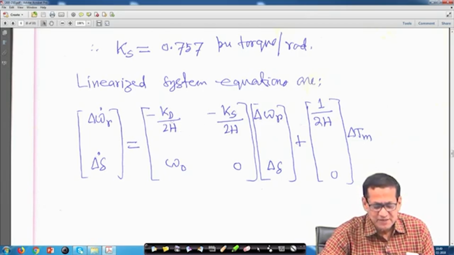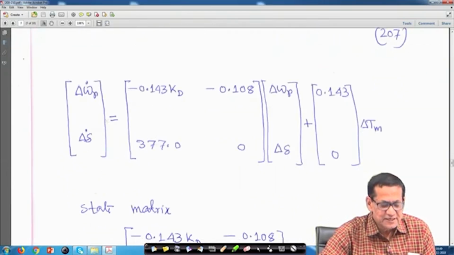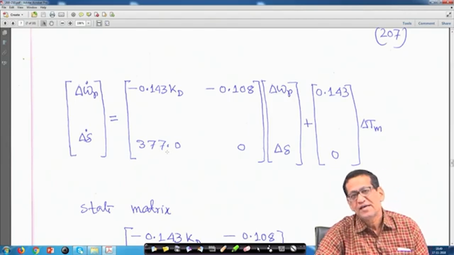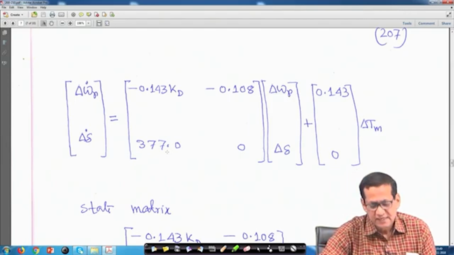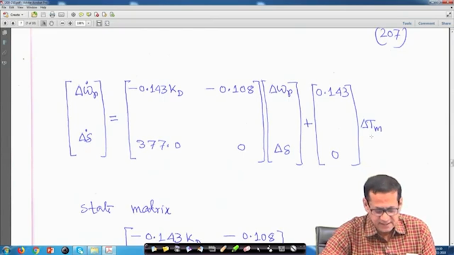So, all these values you substitute here, and if you do so, delta omega dot, delta delta dot will be minus 0.143 K d, minus 0.108, this is 377, 2 pi f, f is 60 hertz, right, and this is 0, times delta omega, delta delta, plus 0.143, 0, times delta T m, right.